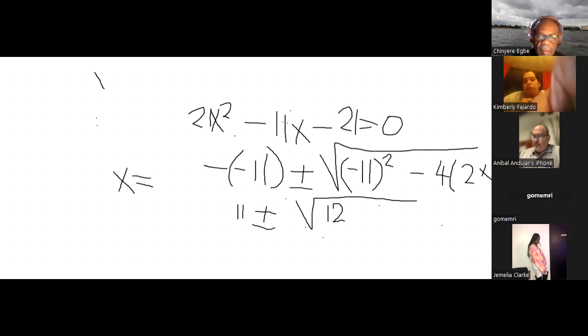Am I correct? I have a question. Sure. When you inputted a into the formula underneath the square root, is it supposed to be squared? So like 2x squared? No. A is 2. Okay. So what happens to the exponent?